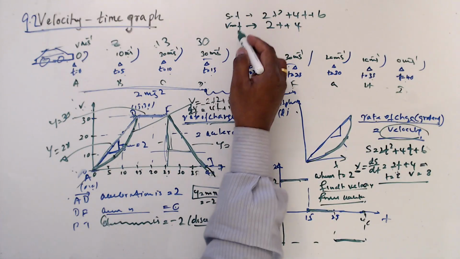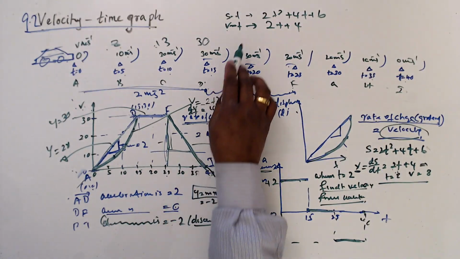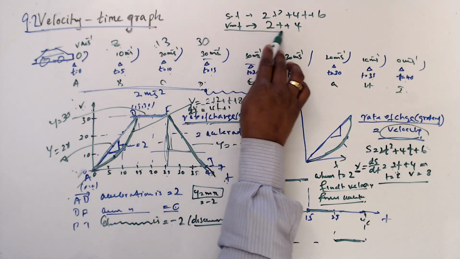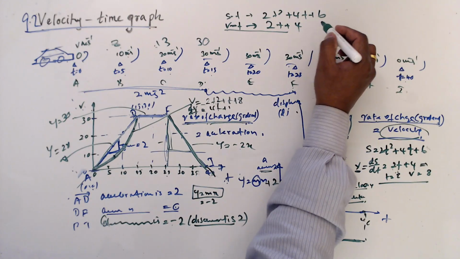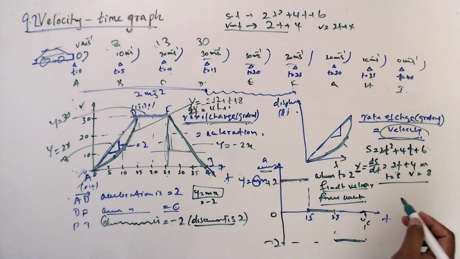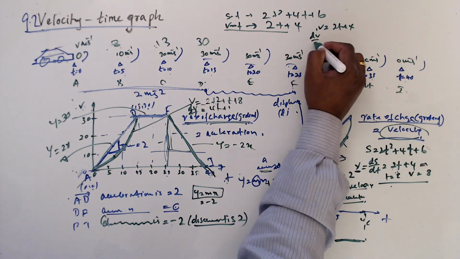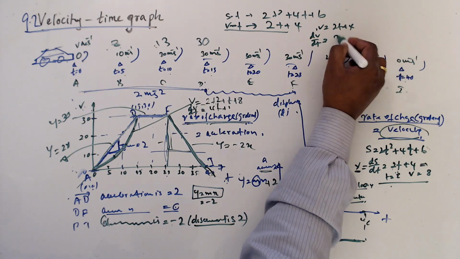Now how do you get the acceleration from it? You differentiate this one again. So this is v equal to 2t plus 4 here. Then you want to get dv over dt. So that is going to be 2.